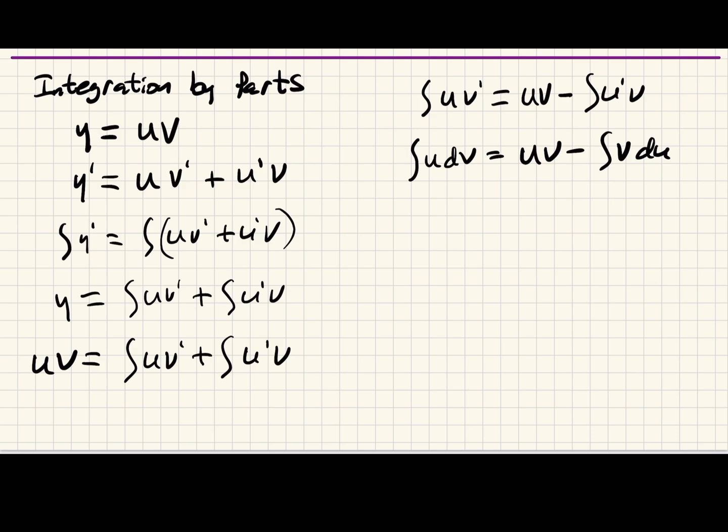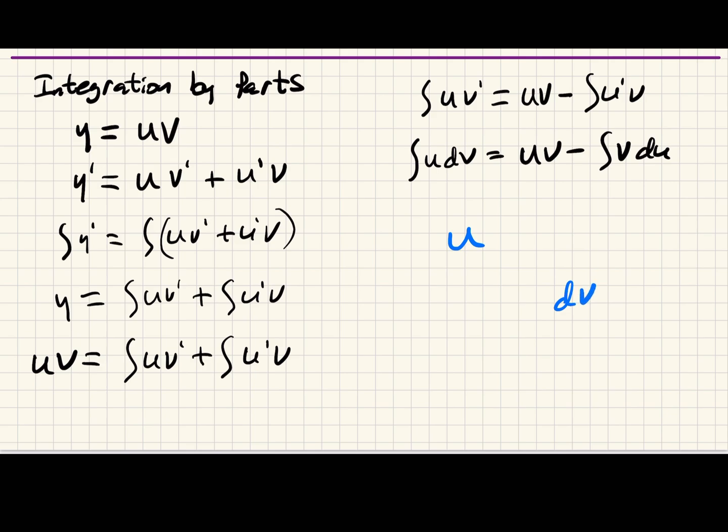Okay, so when does this become handy? Well, let's imagine this for a second. And this is the way I always look at this. I'm going to do a little graphic here that is the method that always works for me. I'm going to decide on a u, and then I'm going to decide on a dv.